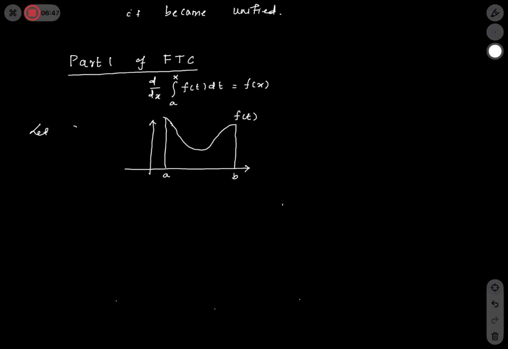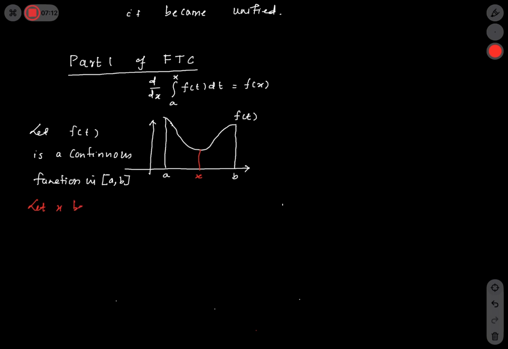So let f(t) be a continuous function in the closed interval [a, b]. Now let x be a variable. Say x, this is the variable point.